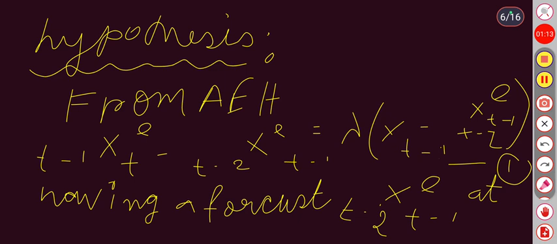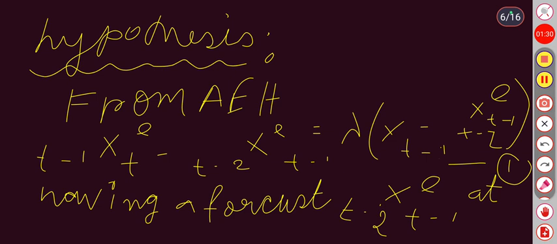previous year. So expectation x t e, this period expectation, minus x t minus 1 e, the previous period expectation, is equal to lambda.